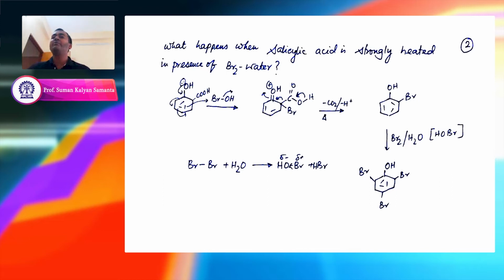Following that, another BrOH forms, which leads to the tribromophenol derivative. So either you take phenol, or you take ortho-carboxyphenol or ortho-hydroxybenzaldehyde, salicylaldehyde, in both cases you actually form this 2,4,6-tribromophenol derivative. Okay.